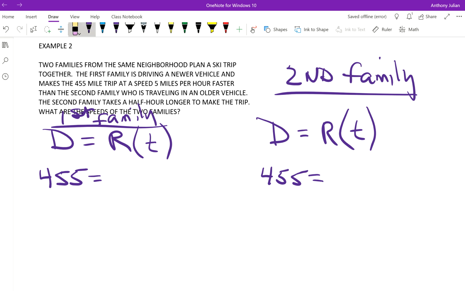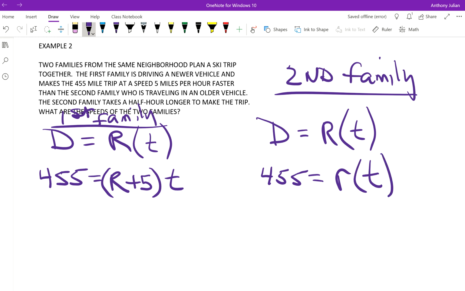So let me change this to be the rate. And their rate is going to be R plus 5 times the T. Okay, and the second family is just going to go R times the T. All right, so now I've got my figures here, and there's one other thing I have to add, and that is about the second family who is traveling in an older vehicle.